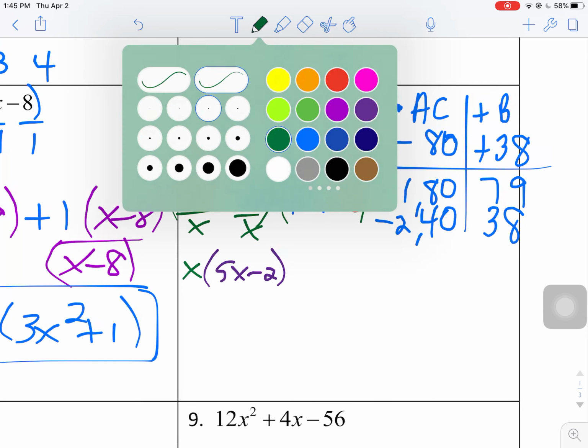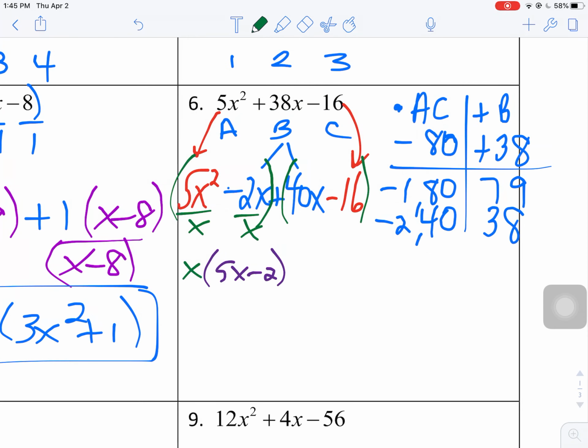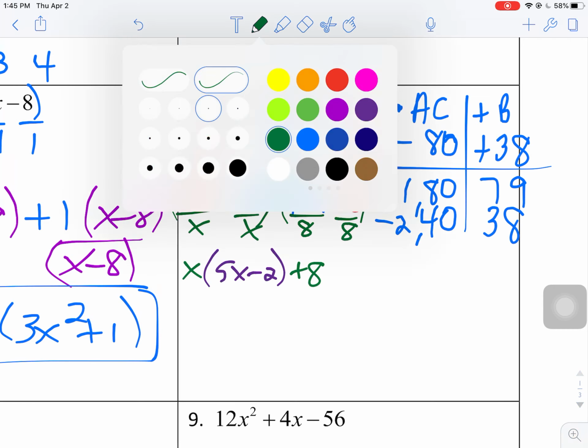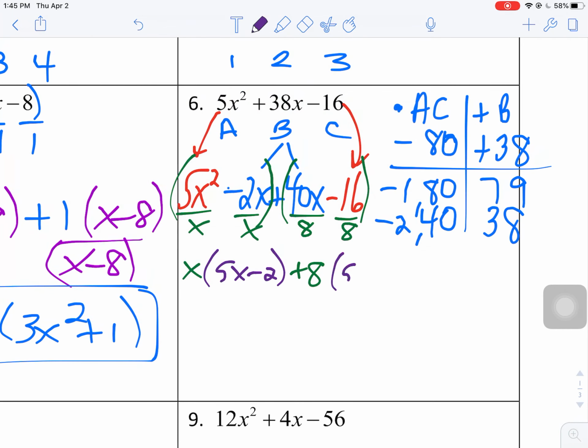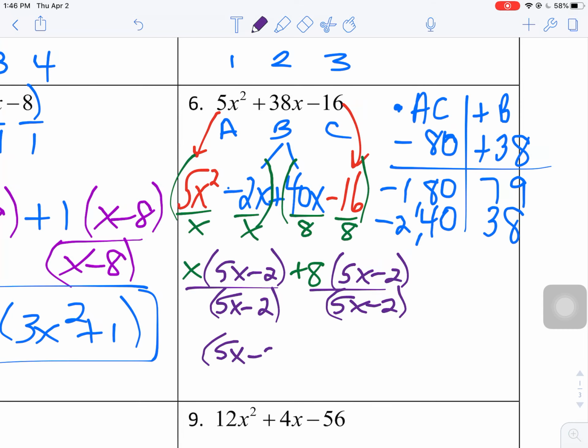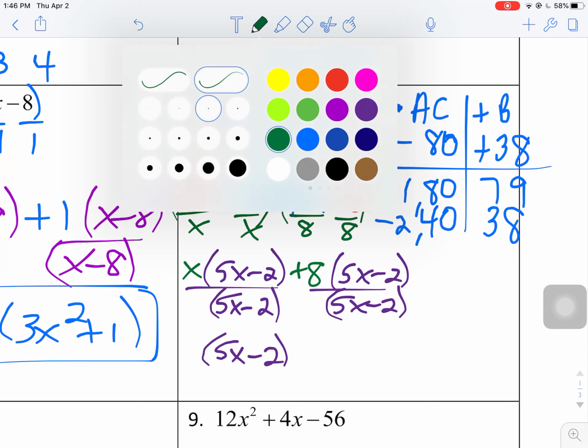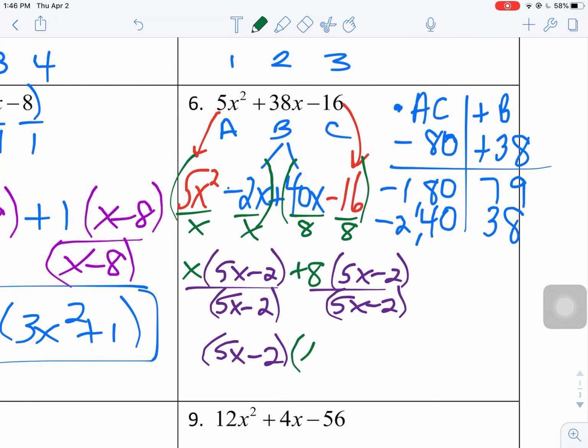And then in the back, my GCF is 8. So divide out an 8. Leftovers are going to be 5x minus 2. And remember, if we're doing factor by grouping correctly, our leftovers have to match, otherwise something didn't work. And then we have our leftover green x plus 8.